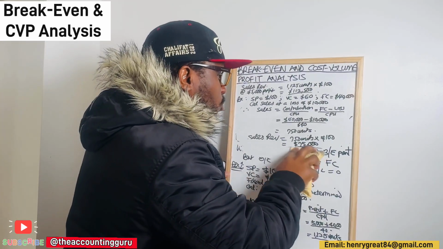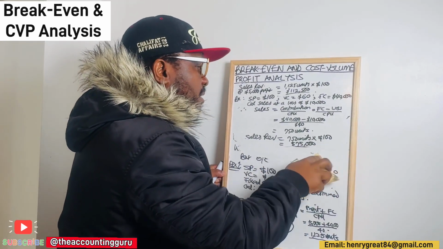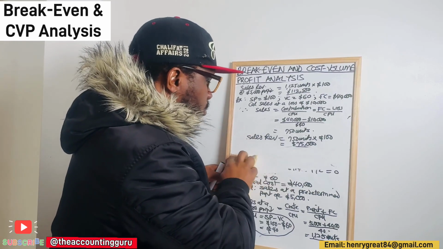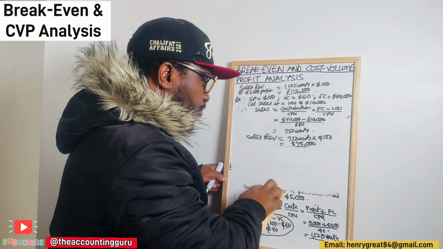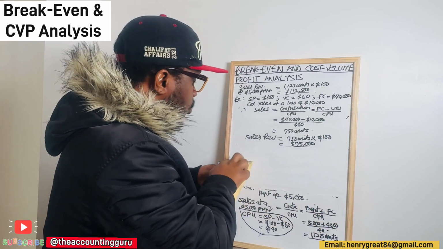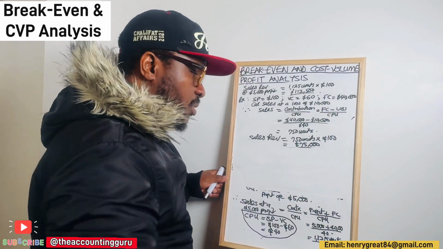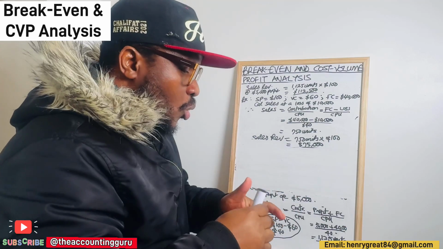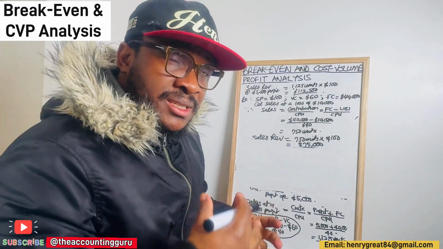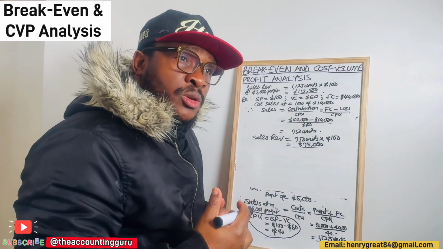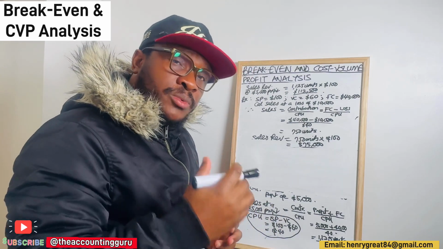Now, very quickly, we'll move to the third scenario, which is to calculate break-even sales. We have looked at the calculation of sales where a business is making profit, or is expected to make a predetermined profit.